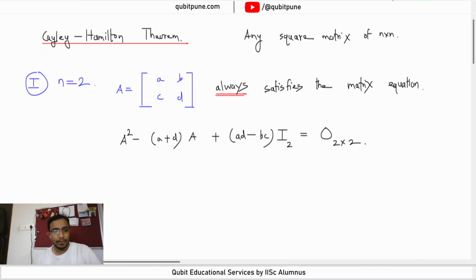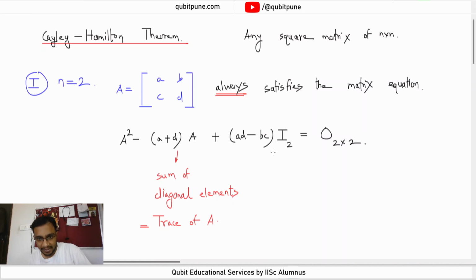Now a few things here. A plus D is the sum of diagonal elements, and this quantity is called the trace of the matrix. Sum of diagonal elements of any square matrix is called its trace. Any guesses for AD minus BC?